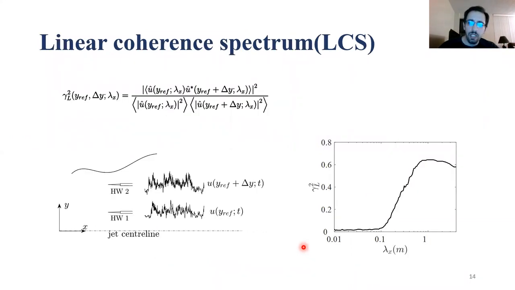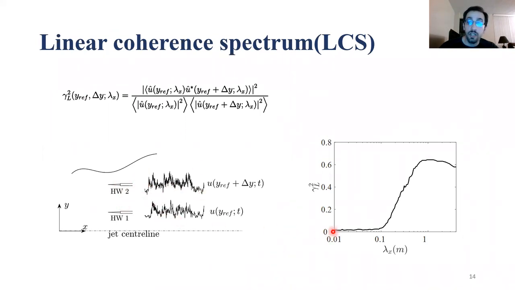Now, I want to show what a typical LCS, linear coherence spectrum, looks like. So suppose we have these two velocity time series from these two hot wires. Because they are located at a finite distance from each other, the signals are not identical.